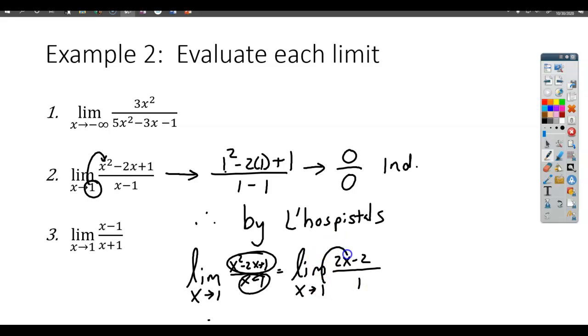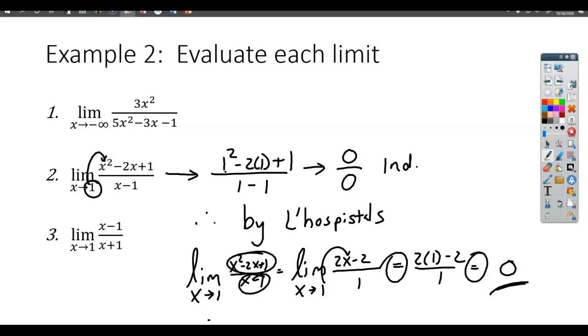And now we go ahead and do some direct substitution. And we end up with 0 as an answer. Okay? And notice I have equal signs here, and that's okay, because now I don't have an indeterminate form. You're not allowed to have anything be equal to an indeterminate form. But if you come out with a number, you can have the equal signs.